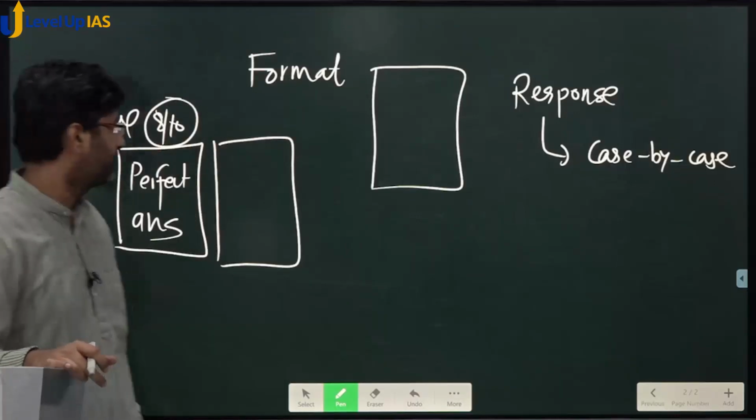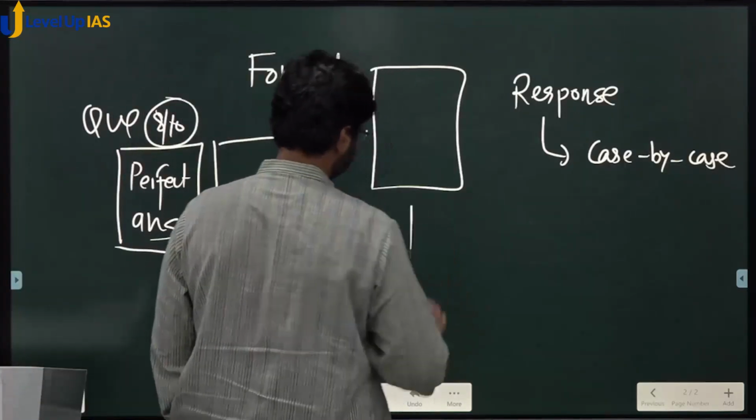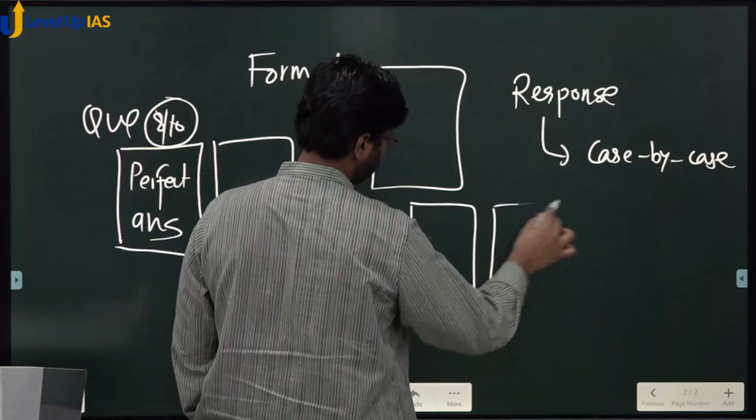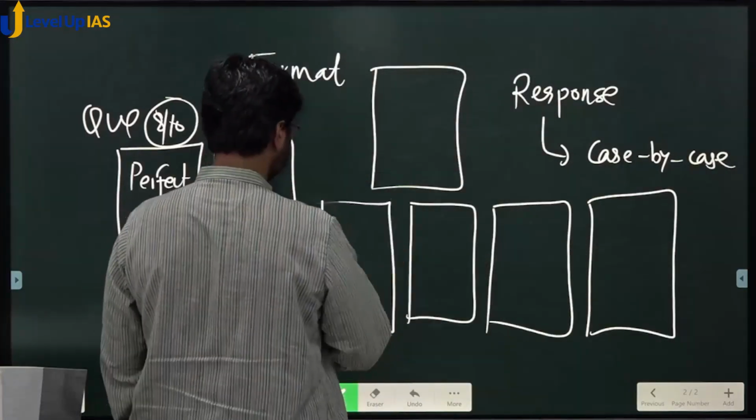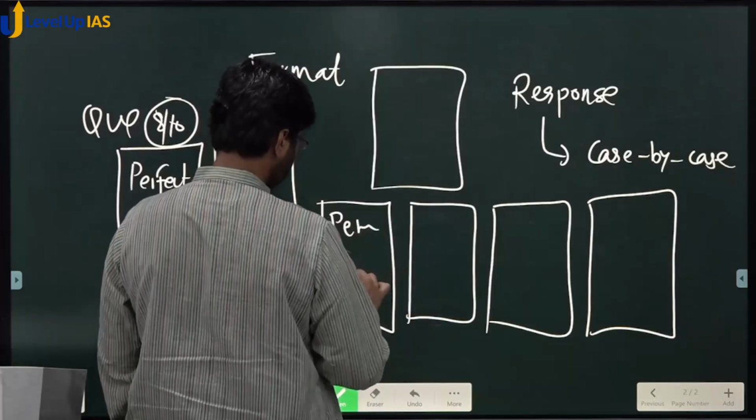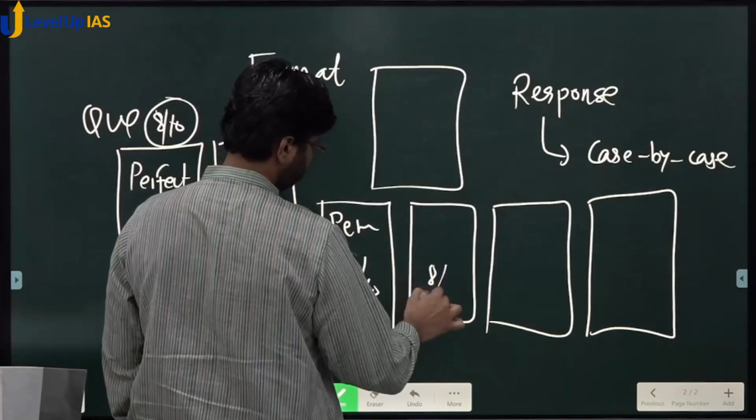When it comes to case study, it is not at all the case. There are at least 5 to 6 or maybe more perfect answers. I mean, all will get 8 out of 10.